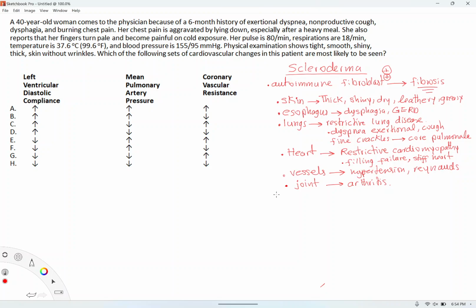Now let's see what symptoms are present in our clinical scenario. Do we have these? Before we go there, let me just give you some more information. All autoimmune diseases, please remember this, are more common in females.